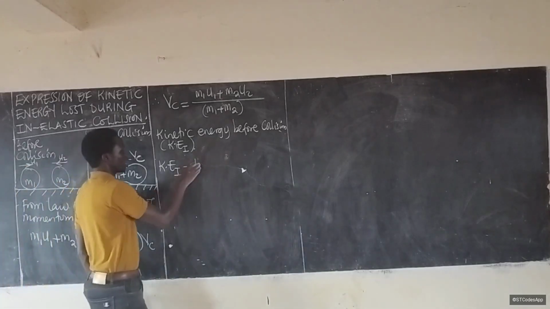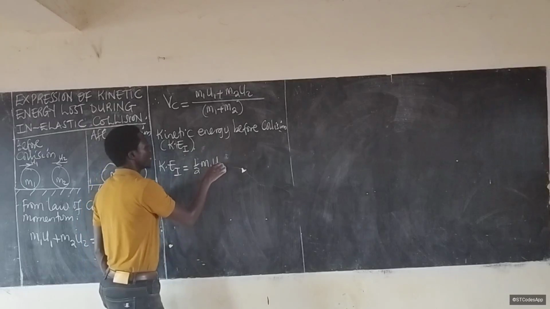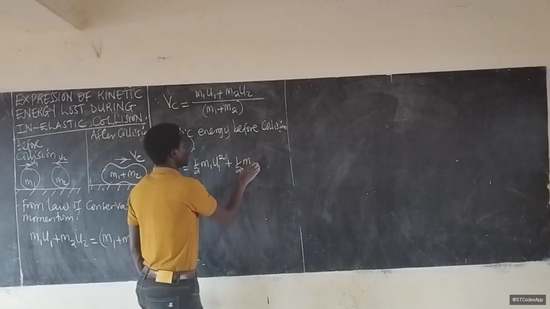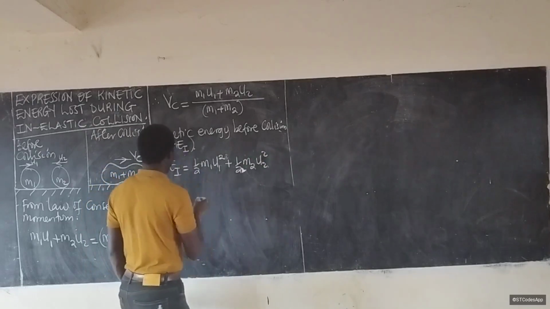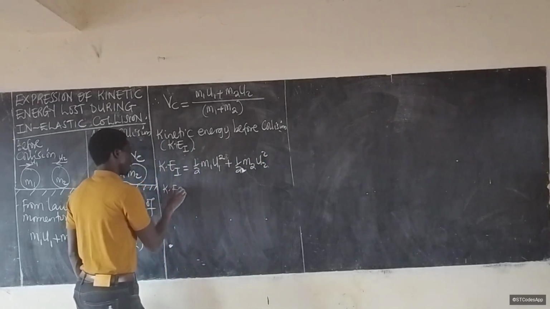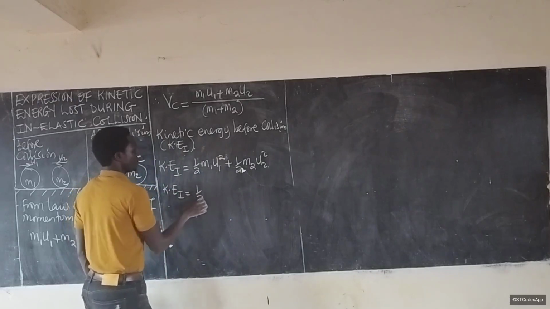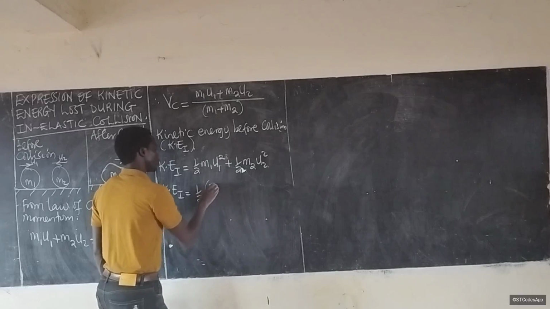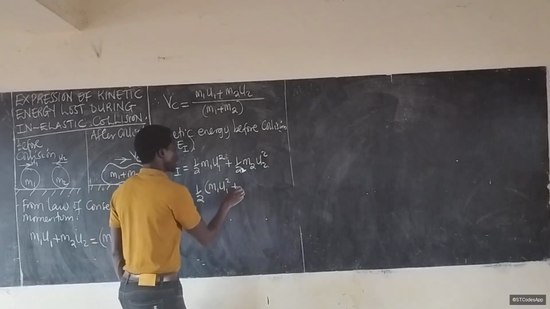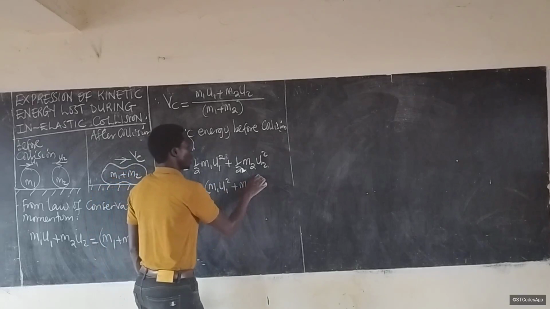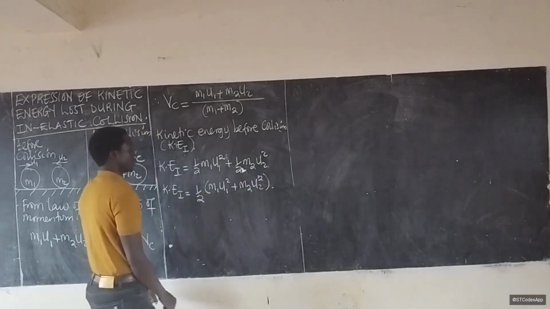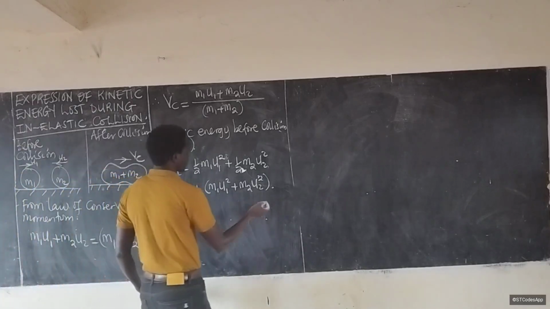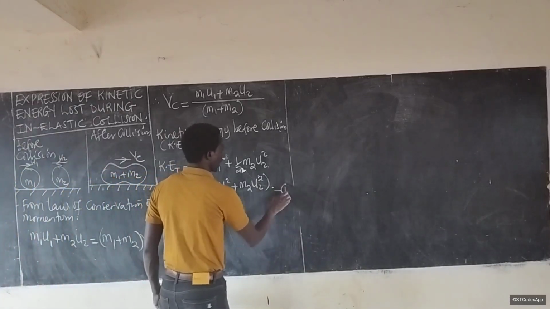That is before collision. So I'll have the kinetic energy of body m1 and then plus kinetic energy of body m2. So in this case, if I can factorize out the common factor, a half is common. So this is going to be a half, m1 u1 squared plus m2 u2 squared. So that is what we have. And then I can call this equation 1.